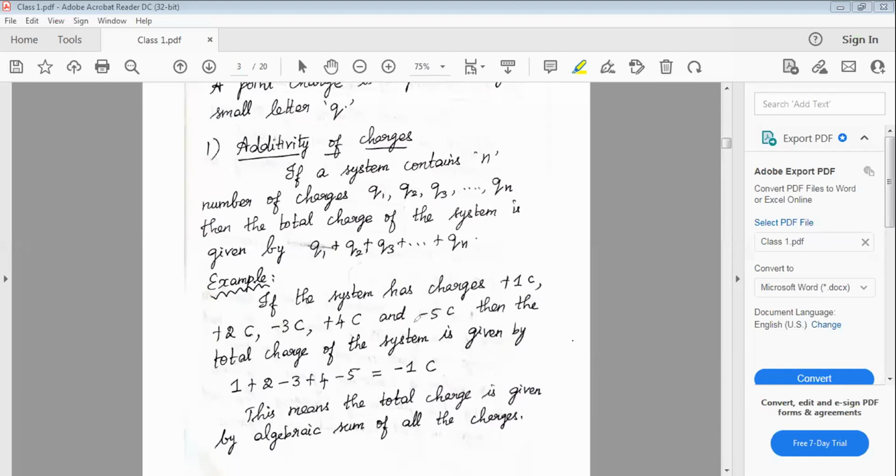After algebraic addition, you get minus 1 coulomb. So whenever you have n number of charges in a system, the total charge is the algebraic sum of all the charges. This is the first property, additivity of charges.